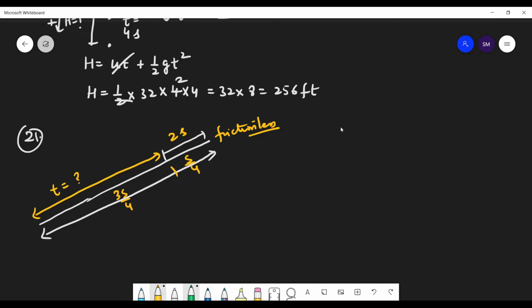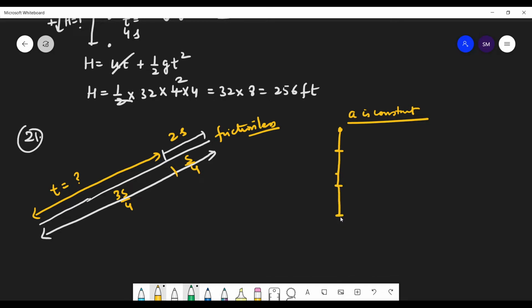Students, do you remember that when acceleration is constant, the time taken... Sir, 6 seconds.